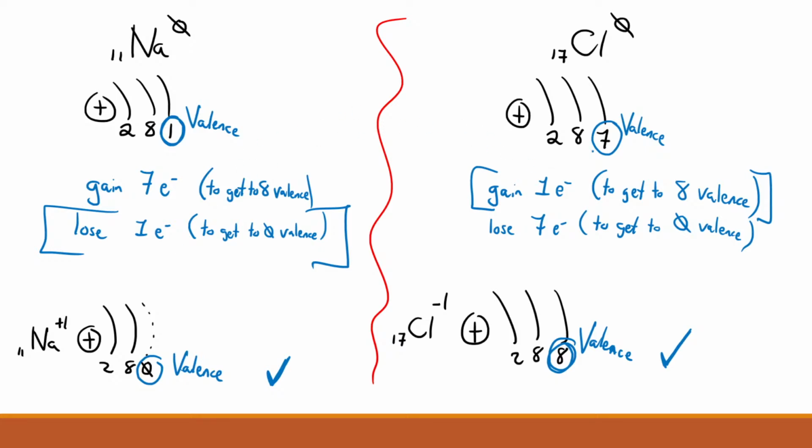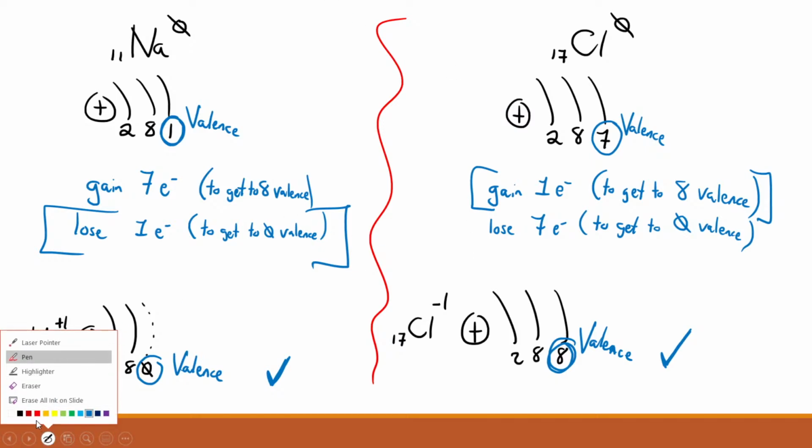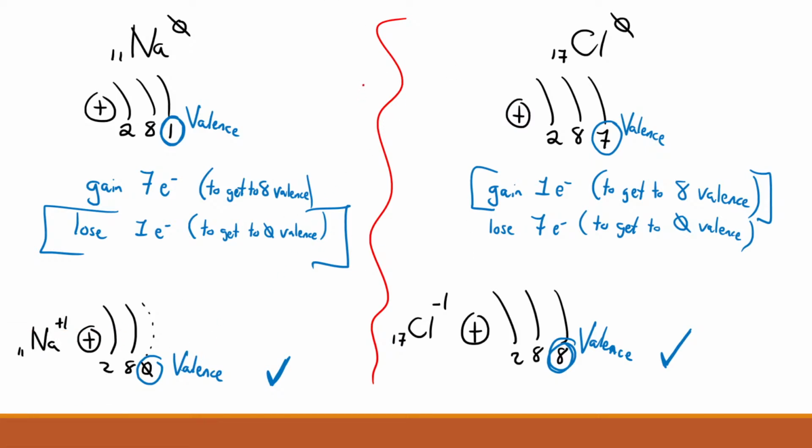Sodium and chlorine, those come together in a way that we know. Right? Those come together as NaCl to form a compound, don't they? They make salt.